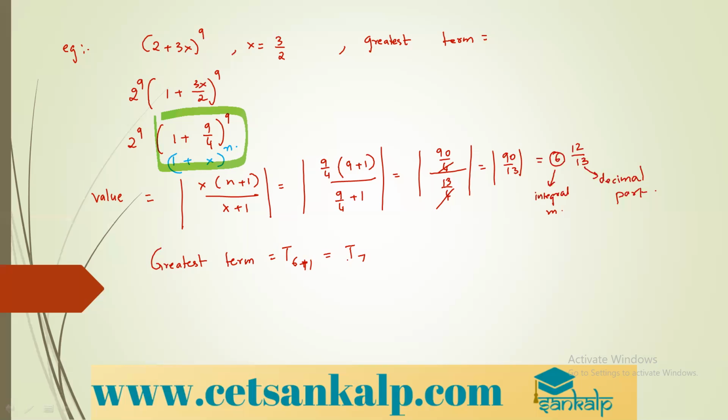The formula. But remember, not only the 7th term, you have to multiply with 2 power 9 also. So in order to find the greatest term, I will multiply 2 power 9 into the 7th term. nCr, what is my x? x power n minus r, 1 power anything will be 1 only.